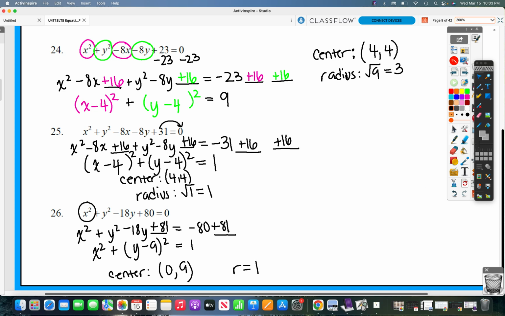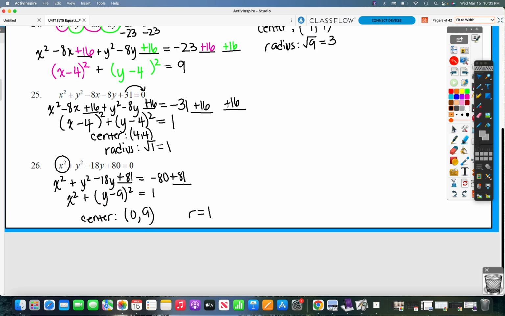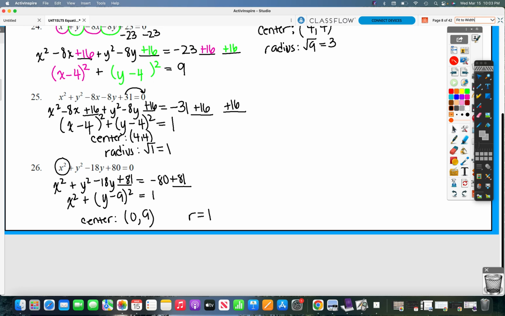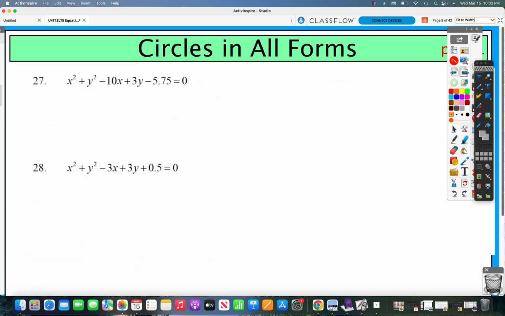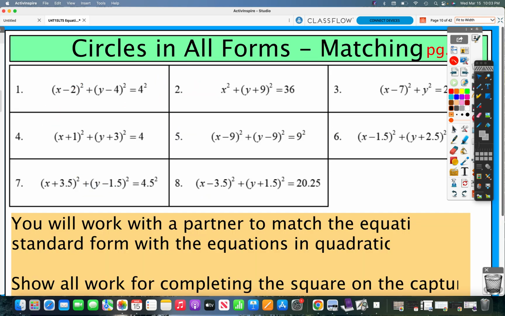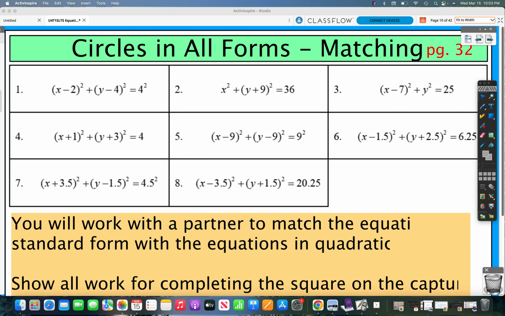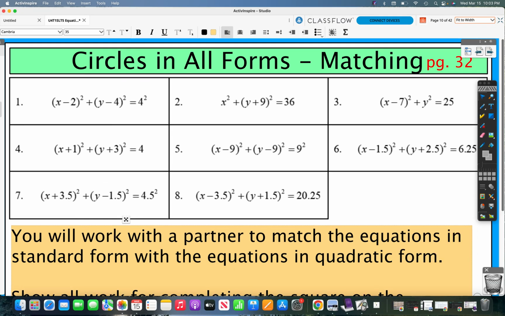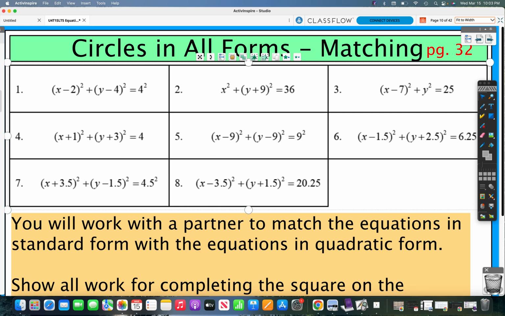All right, so what you're going to work on now for the rest of class is the matching activities on the next couple pages. You can do a couple more there if you wanted to. You're going to go to page 32 in your packet, and there's a matching activity. You can work with a partner, and all of these equations are in standard form of a circle, okay?